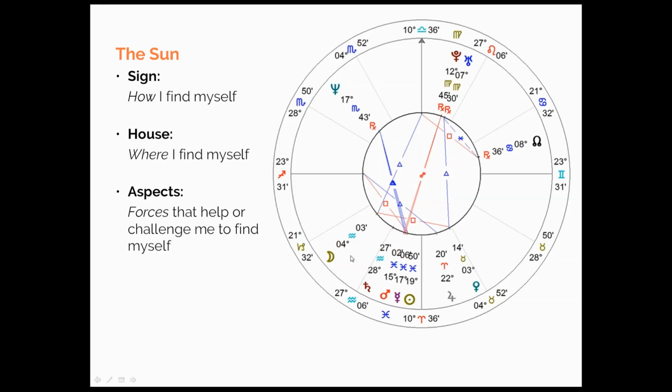So in this chart, the Sun is in the sign of Pisces. We talked about that a little bit earlier. It's a sign of spirituality, of creativity, of vulnerability, of compassion for other people. And through some of these things, a Pisces person will find themselves. So he's done all of these things.